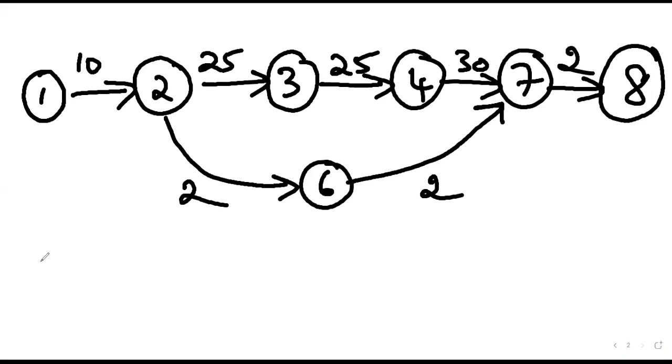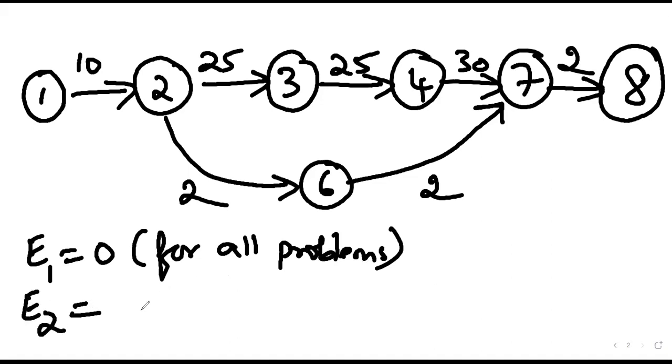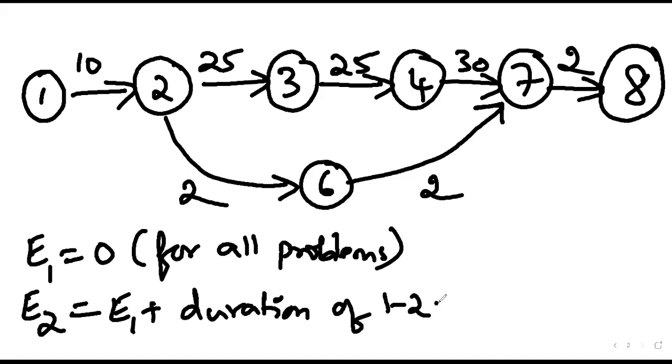First we calculated E1 as 0. That is the same for all the problems. Next, E2 is E1 plus duration of 1 dash 2, which is 0 plus 10, equal to 10.